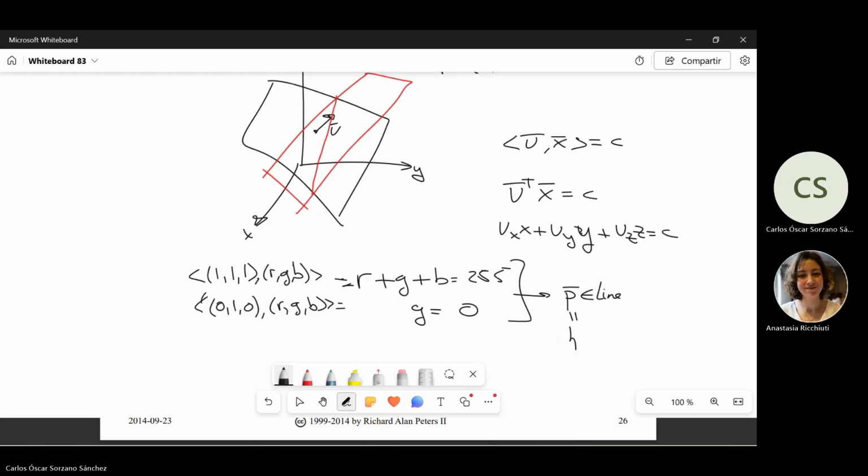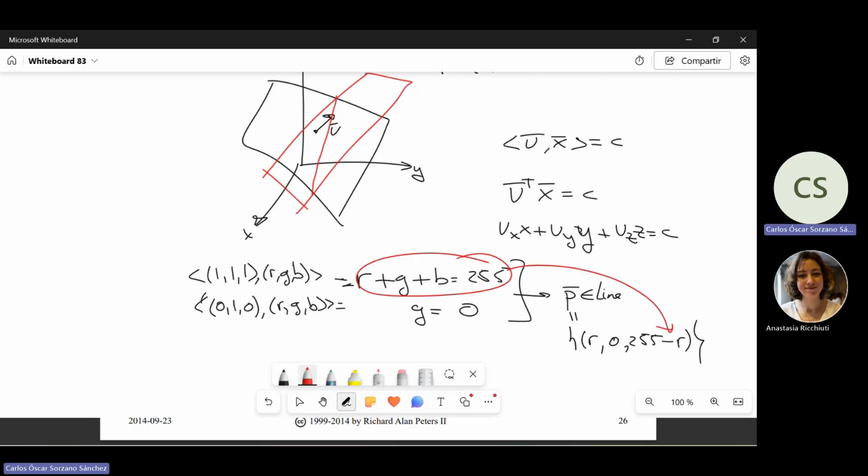Let's say it has a red component i. The green component is 0 because of this. And the blue component is 255 minus i. Do you agree with that? Yeah. So this 255 minus i is from here.